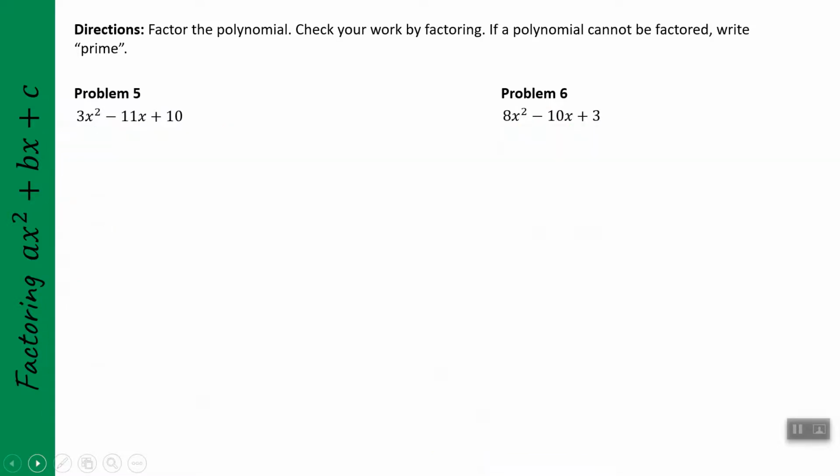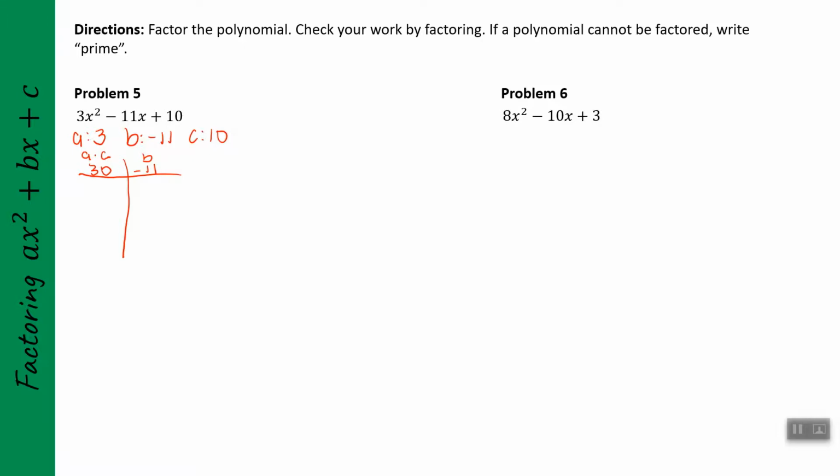So again, A is 3, B is negative 11, C is 10. Make my table. Left-hand column, A times C. 3 times 10 is 30. B is negative 11.